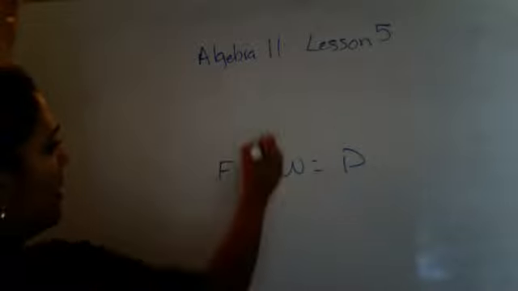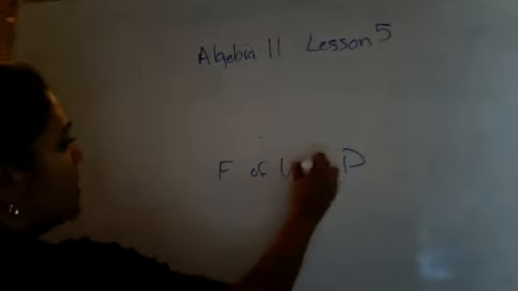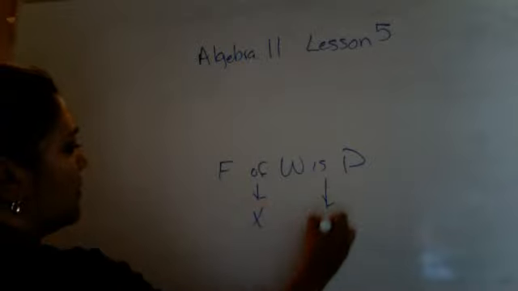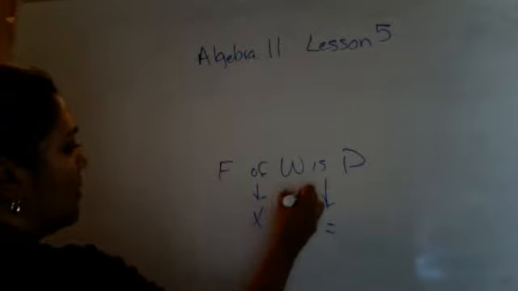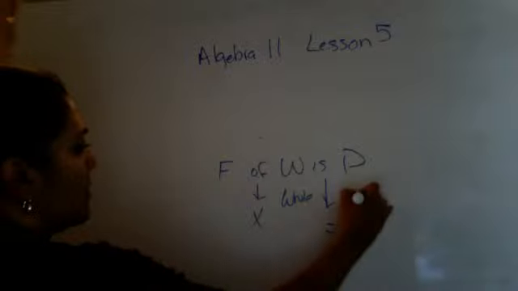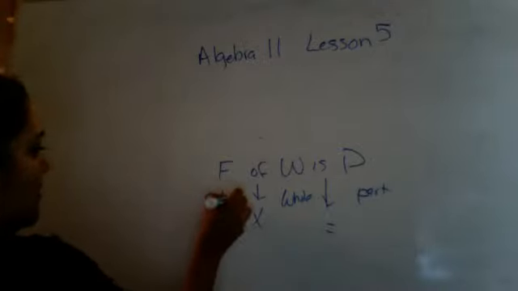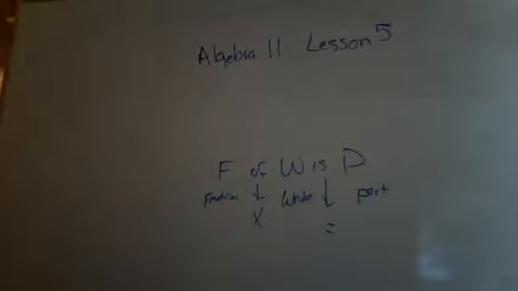Are you with me? Fraction of whole equals part. Of stands for times, is stands for equal. This is whole, this is part, and this is fraction. So they're the same thing, they're just using different wordings.